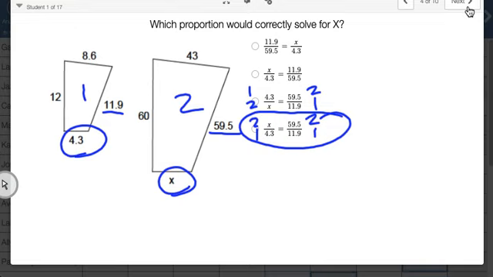If I'm going from 4.3 to X, I can't then go from 59 to 11.9. I have to go in order. So like 1 to 2, it needs to go 1 to 2. So this one would work if we had flip-flopped those two. Okay? I just always write them, but I don't know. Well, today is the day we're figuring out how to write them. Okay?